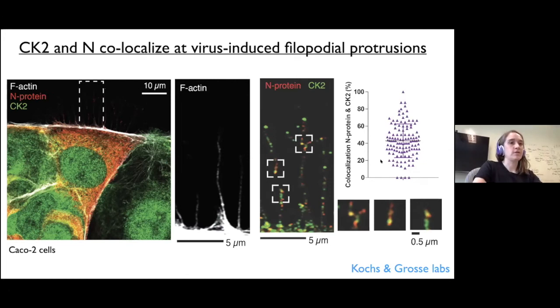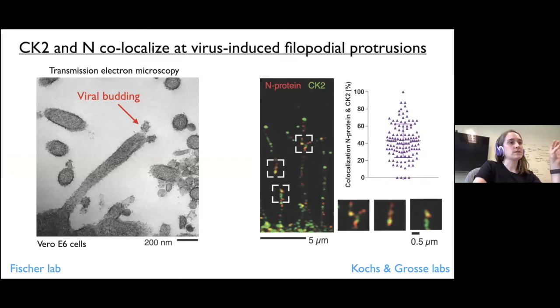The filopodia are induced by SARS-CoV-2 infection. Then we collaborated with Elizabeth Fisher at the NIH, who does electron microscopy. Here she's done transmission electron microscopy, where we can really zoom in on these filopodia. What you can see here is a filopodia, and we can actually observe a virus budding from this filopodia.